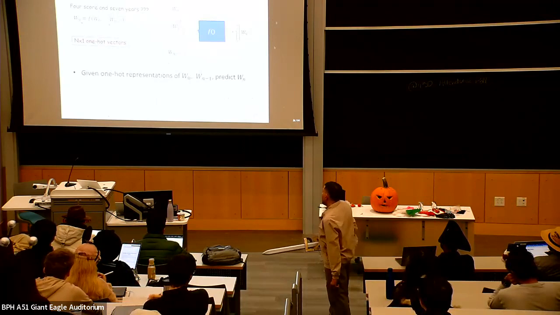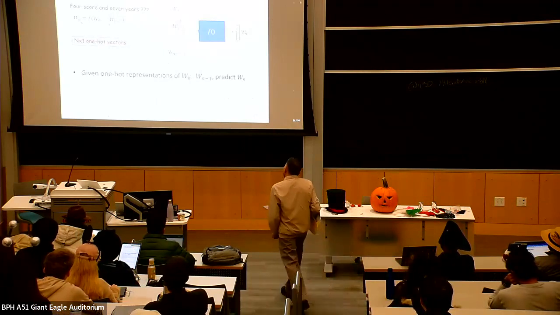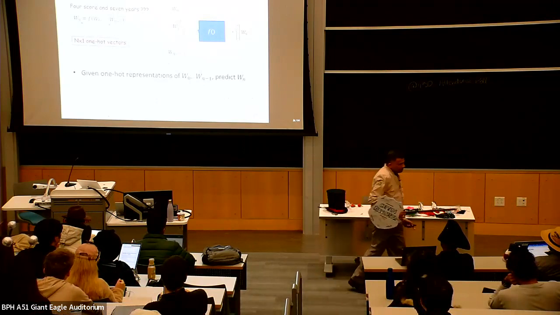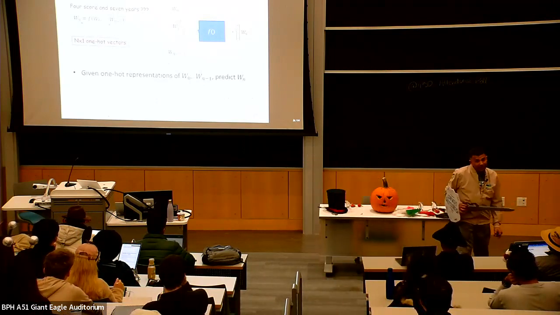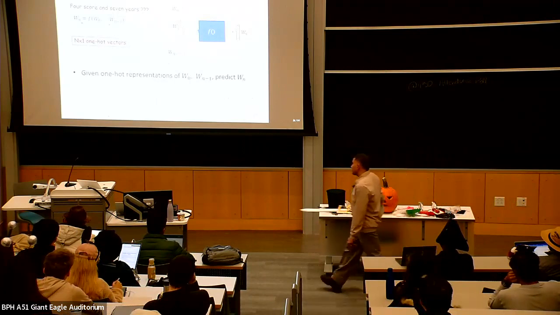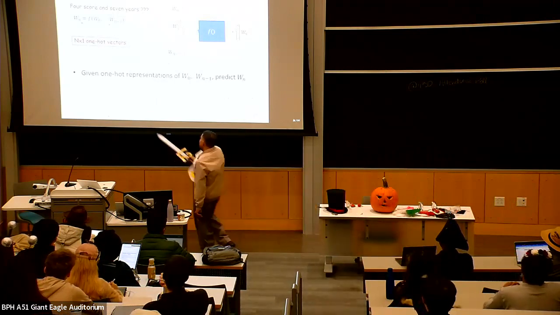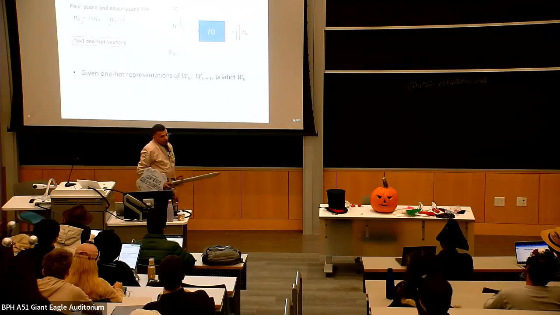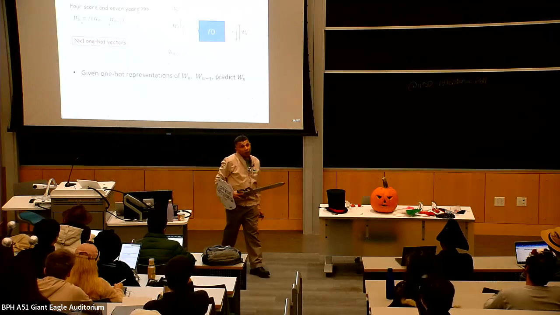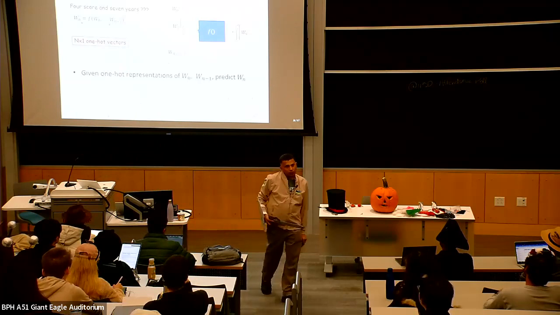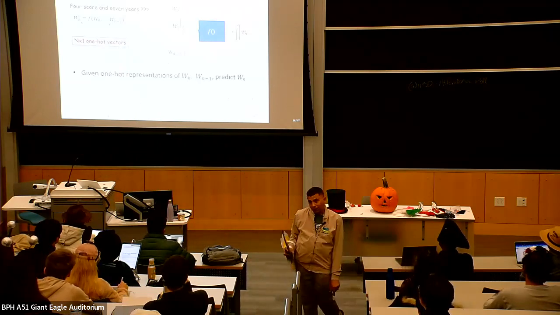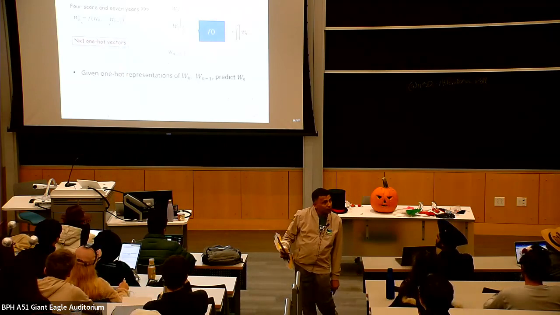And so now, when I'm building a language model whose job is next token prediction, what I really want is a function of this kind, which takes in maybe the first n words or the first n tokens, and outputs the n plus 1th token. So it's going to take in W0 through Wn minus 1 and output Wn.